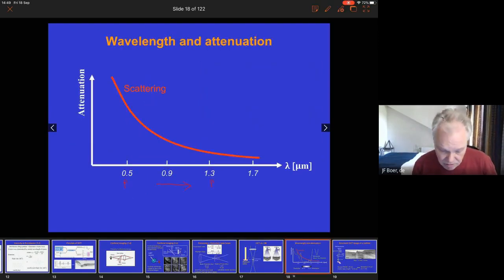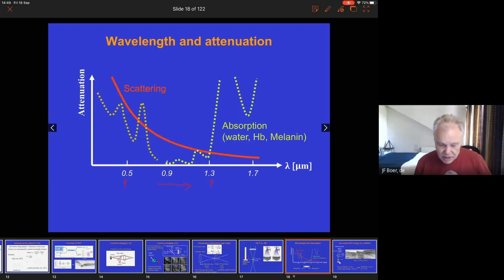I'm pretty sure that looks familiar. Then I also plot the absorption of water, hemoglobin and melanin. The yellow is water, and the orange here is blood.